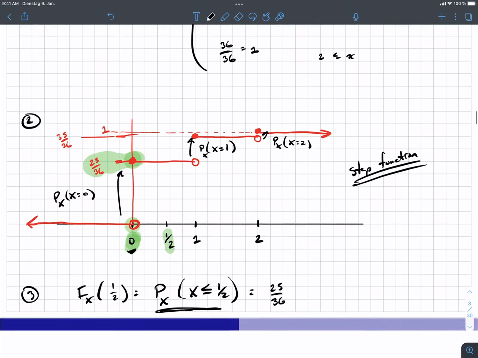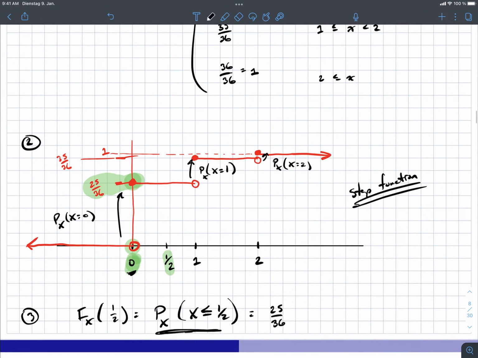What does this mean? Imagine, so picture this function. Let's say I'm looking at this value right here, x0 equal to 2.